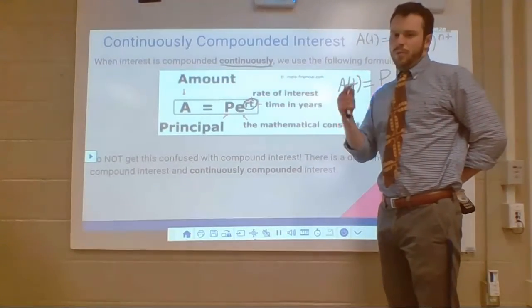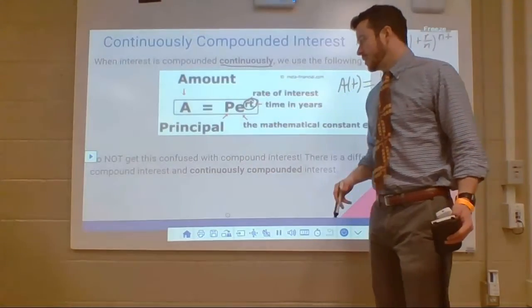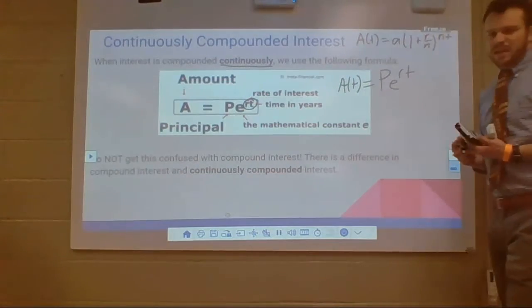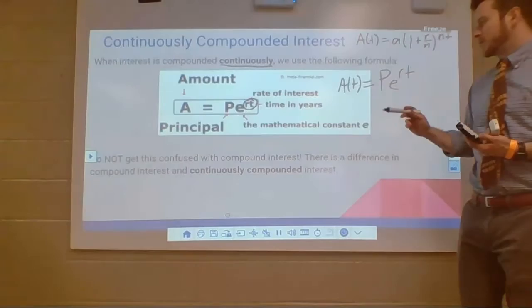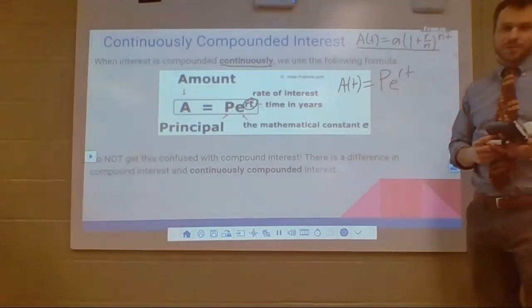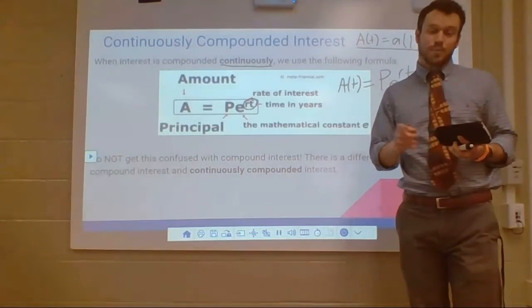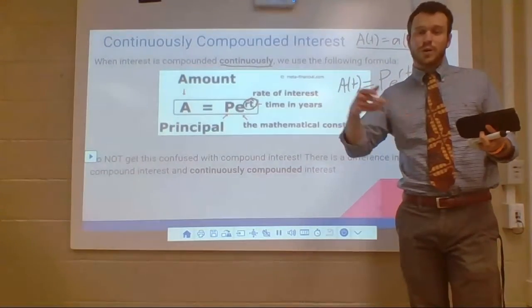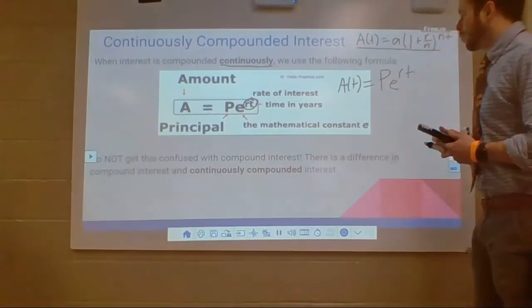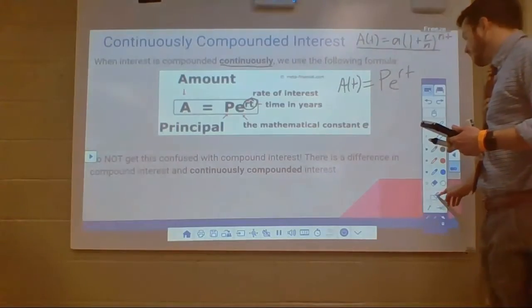The rate times the time will be one exponent, the exponent of the natural base, which is e, right? So just be careful here. Don't get this confused with compound interest. Remember, that was the formula for compound interest. You have a new formula for continuously compound interest, but again, shouldn't be too hard for you. It's PERT. So let's work a couple problems applying this PERT formula.